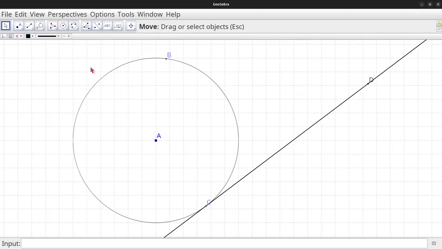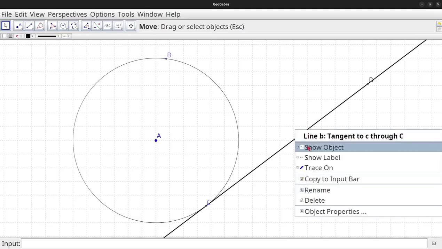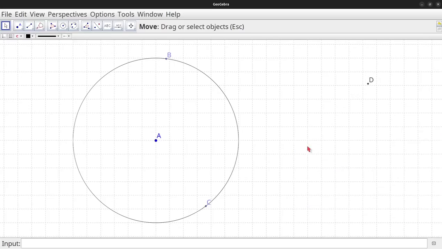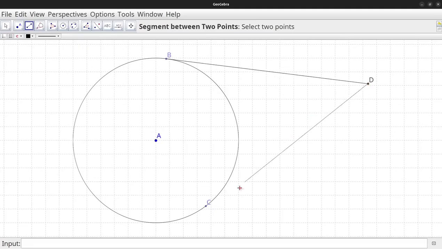Just a reminder, a tangent is a line that touches a curve or a circle at exactly one point. So this is our tangent going to point D, and that is our tangent going to point C. So we have got two tangents, BD and CD.